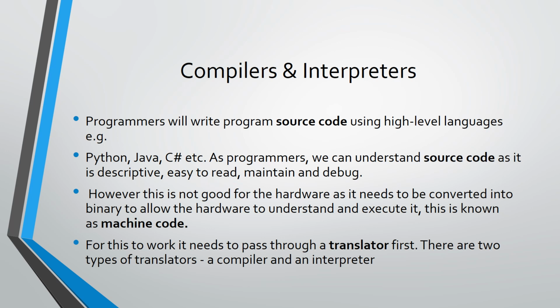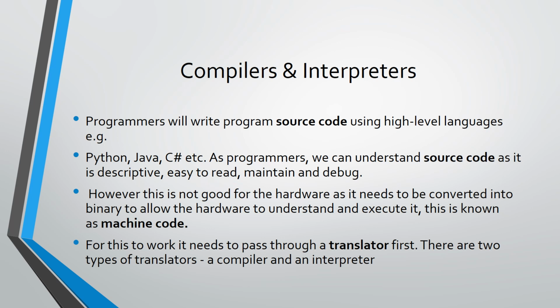Compiler and interpreter. Programmers will write program source code, whatever the programmer writes in any software, that code will be called source code, using a high level language: Python, Java, C Sharp. As programmers, we can understand source code as it is descriptive, easy to read, maintain, and debug.